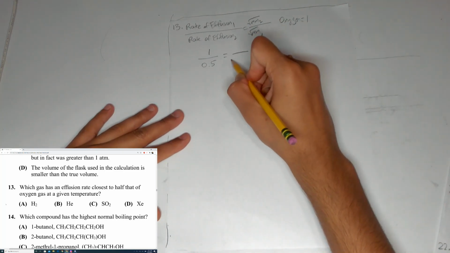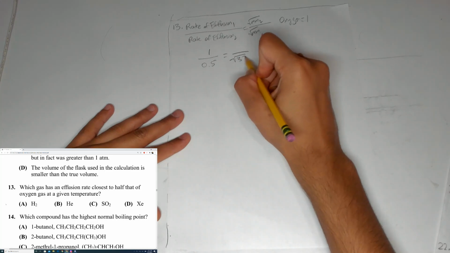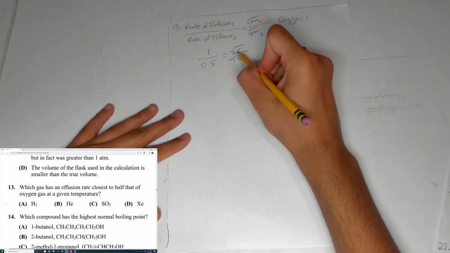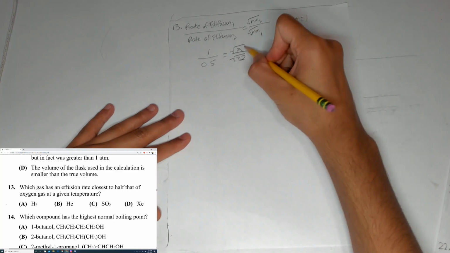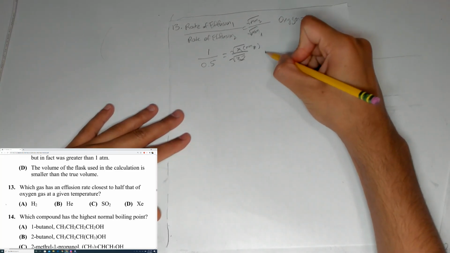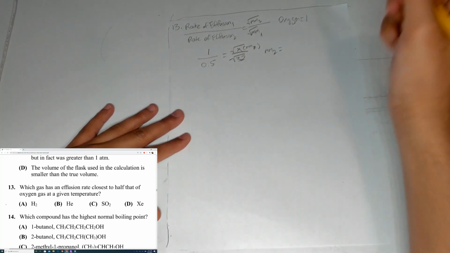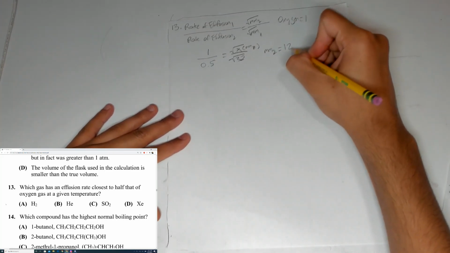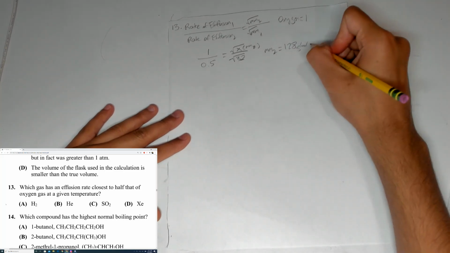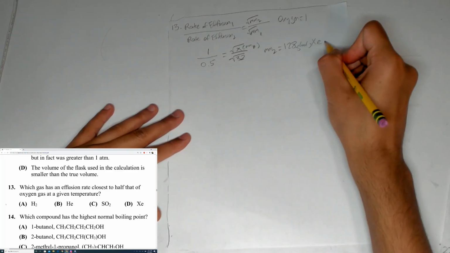Our molar mass of oxygen is 32 and the molar mass of our molecule of interest is X, or M2. Solving for the molar mass of 2, it will give us around 128 grams per mole, or that's xenon, and that is D.